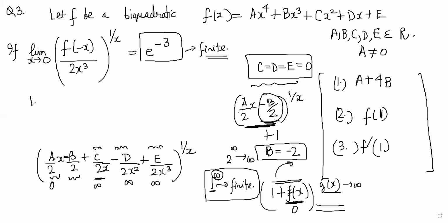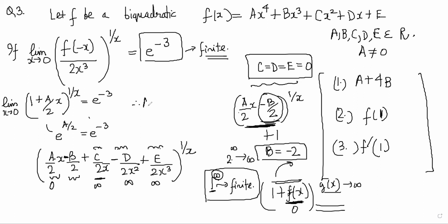So you have 1 plus a by 2x power 1 by x is equal to e power minus 3 as limit x tends to 0. So basically this limit is e power a by 2x into 1 by x. So a by 2 is equal to e power minus 3... a is equal to minus 6.